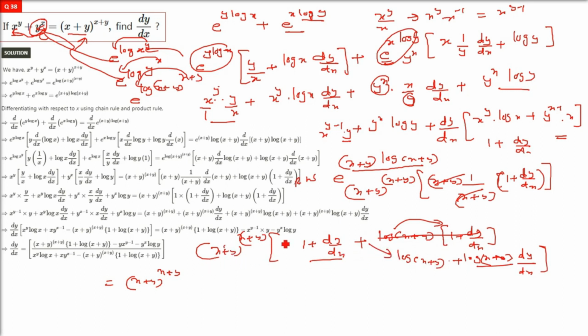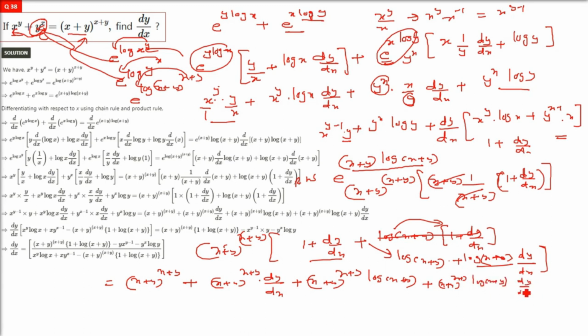So let us multiply now. So now multiplied: x plus y to the power x plus y dy by dx, and then plus x plus y to the power x plus y log x plus y, and then plus x plus y to the power x plus y log x plus y dy by dx.